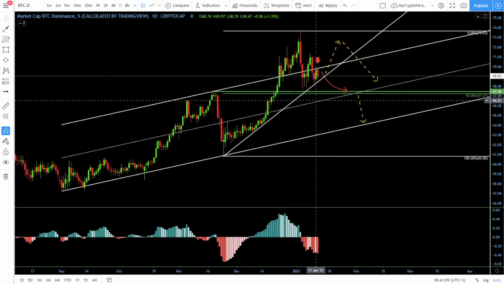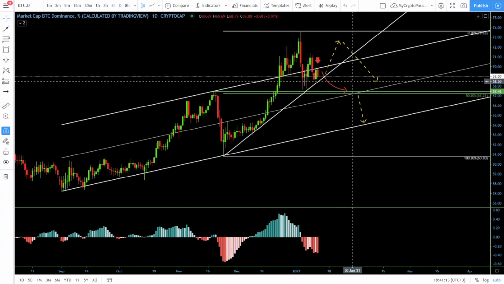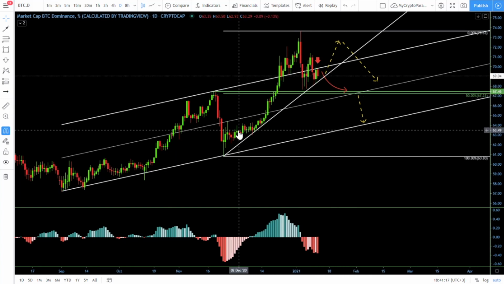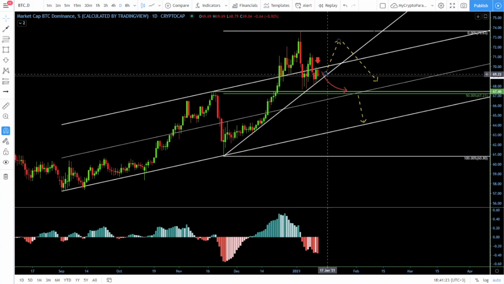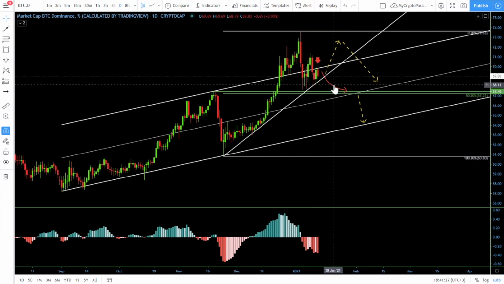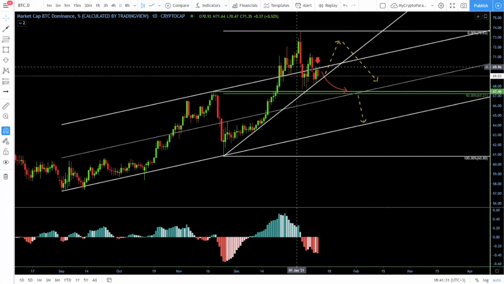For now, it's a bullish trend, but after a massive ride, we should be seeing some sort of consolidation. I don't think there will be an immediate trend for the Bitcoin dominance, immediate continuation or immediate reversal. So the consolidation is the most likely scenario, because for the uptrend to continue, we definitely need to break above the high, then wait for the correction and so on.